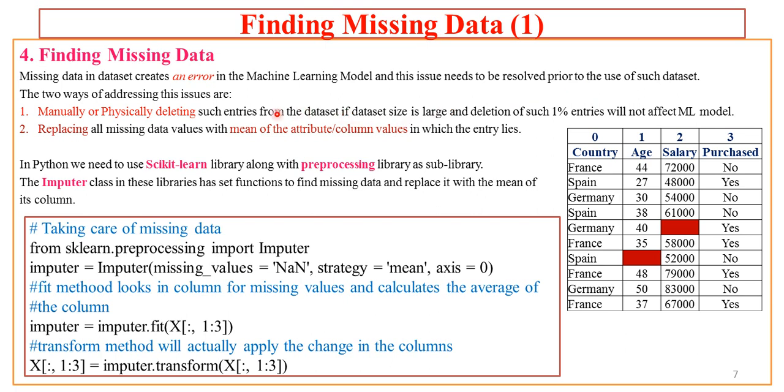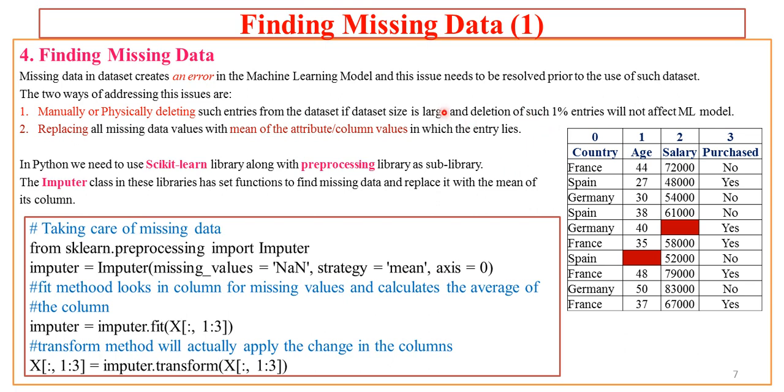So to address this, we have two ways. One way is we can directly delete these two entries physically from the table or from the data set, but doing so may affect the accuracy of the model, because we are now reducing the size of the data set, thereby reducing the chances of accuracy.